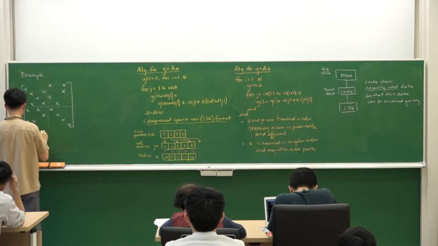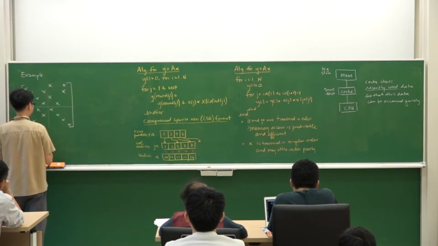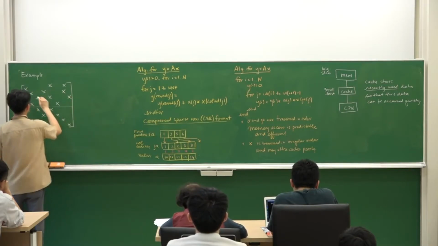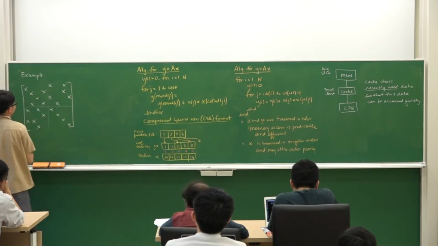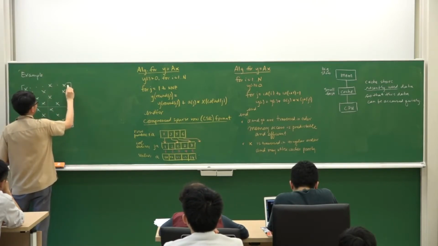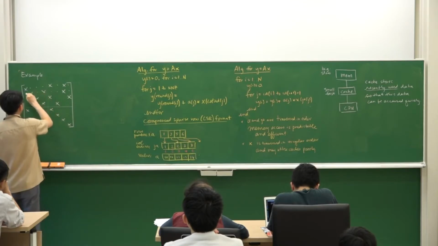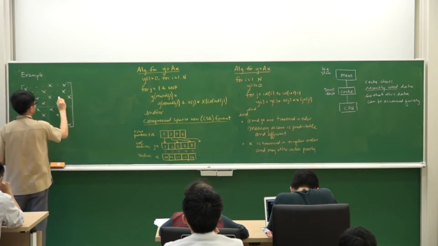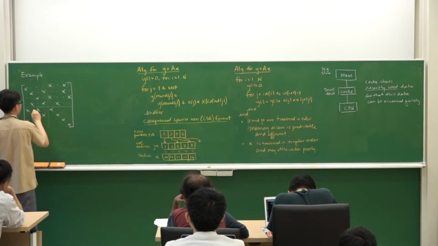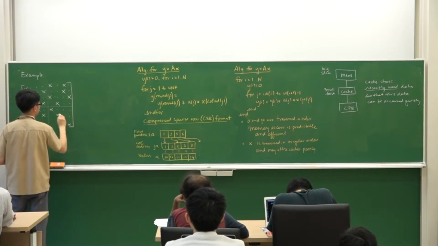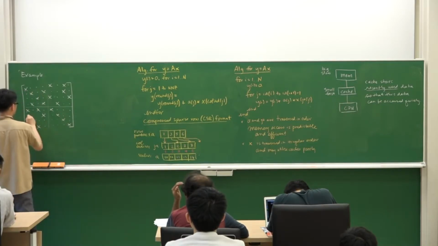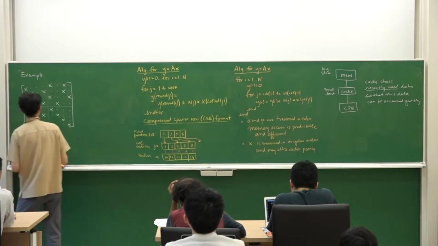I'm sure you're having a lot of trouble drawing this. Okay, so I made this example last night. You don't have to draw it exactly, but you will see the point after. So I'm drawing dots where there are zeros. Okay, so this is the matrix.